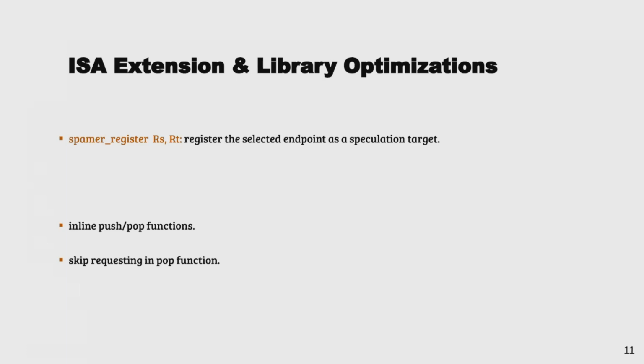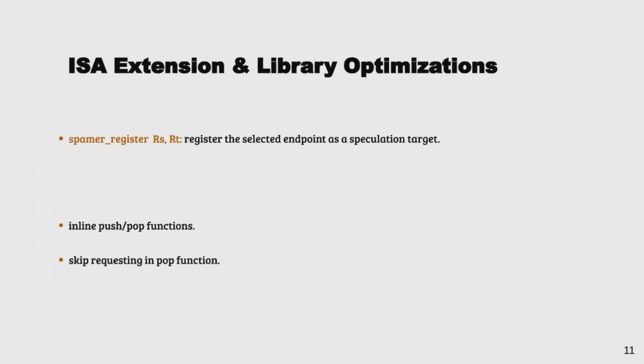The registration using the SPAMeR register instruction happens only once at the beginning of a program, when the endpoint is created by the library. After that, the pop library function can skip the requesting part of the code to save some time for consumers.